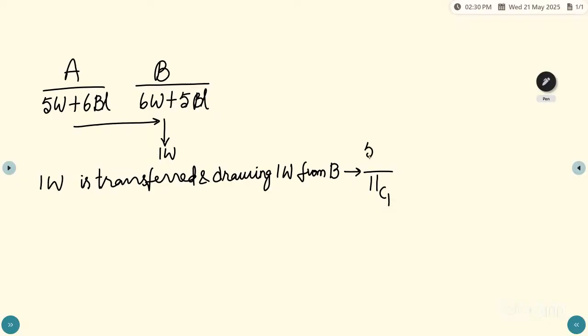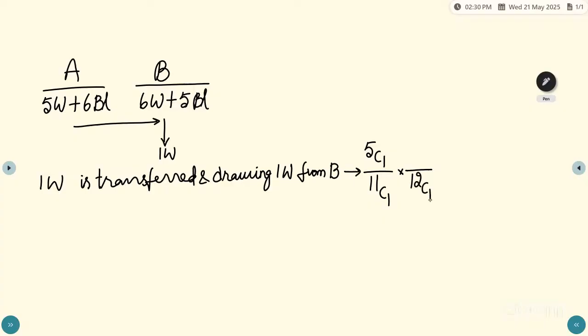Out of 5, choose one. And make multiplication. Now, how many balls are in box B? One white transferred from A to B. So total in B, we have 12 balls.